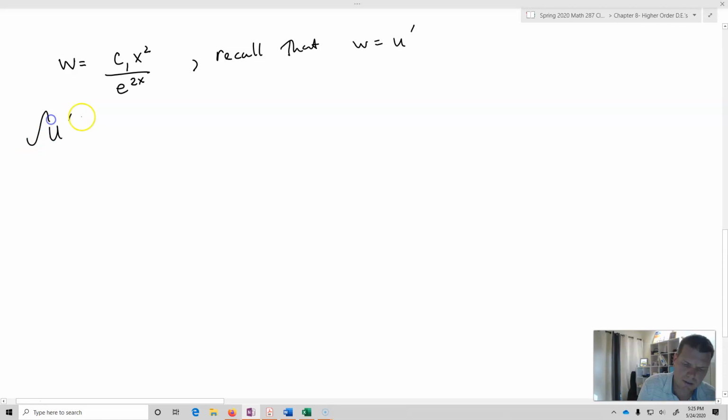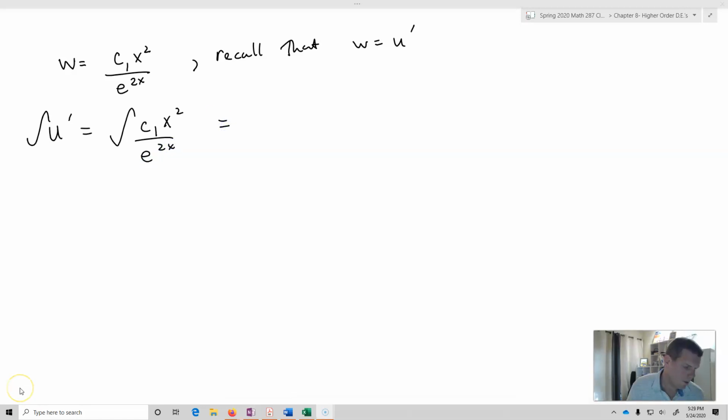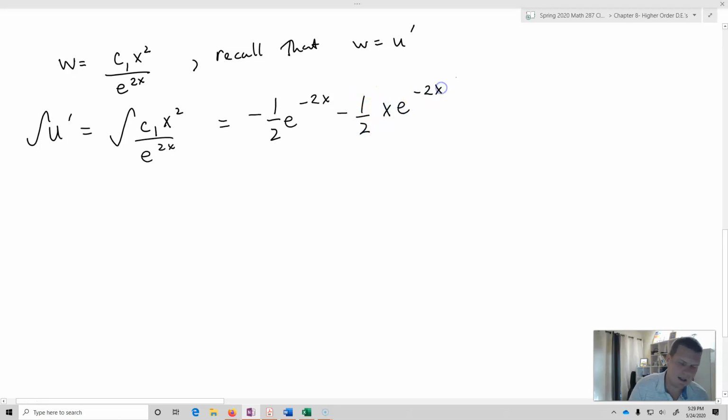The integral of u prime is going to equal the integral of c1 x squared over e to the 2x, which equals negative 1/2 e to the negative 2x minus 1/2 x e to the negative 2x minus 1/4 e to the negative 2x. And all of this multiplied by c1, plus a c2.